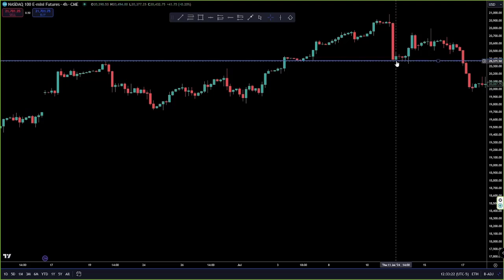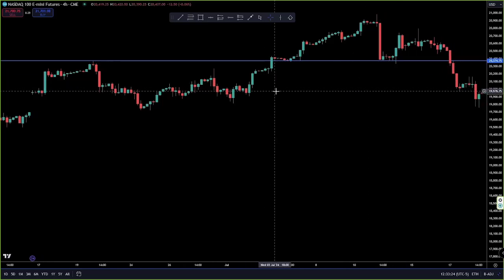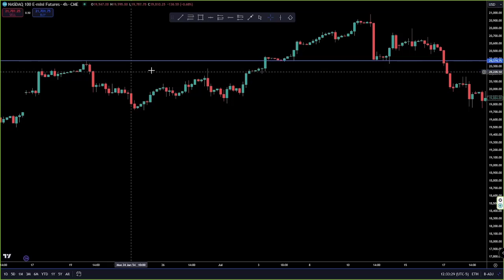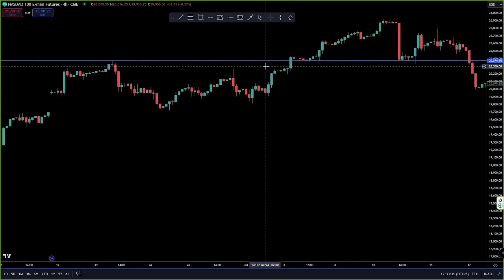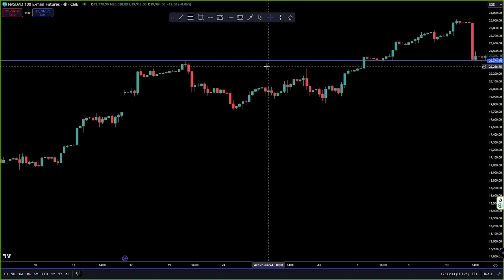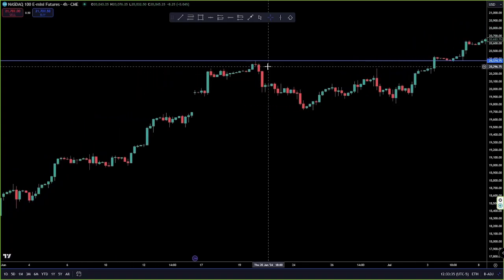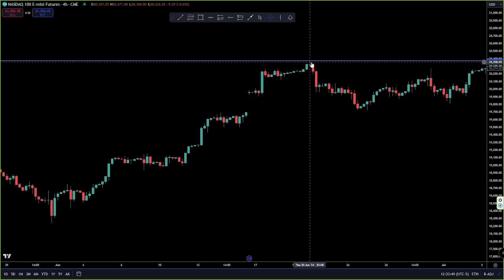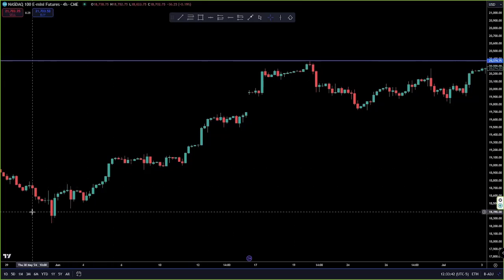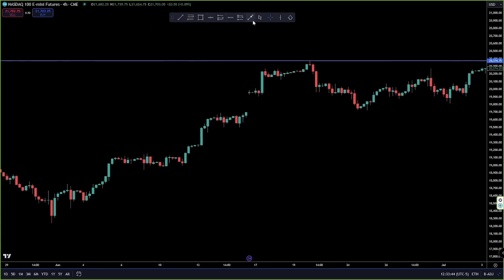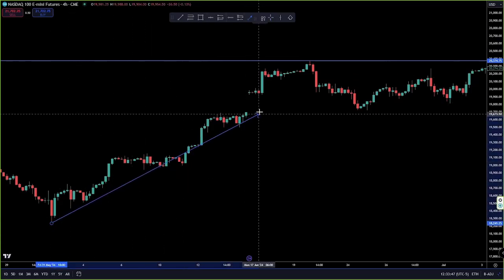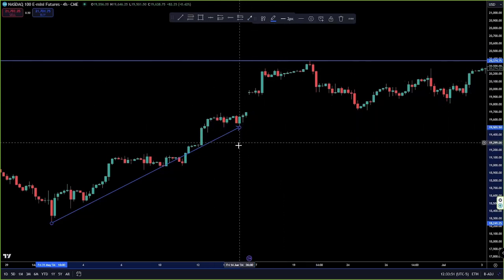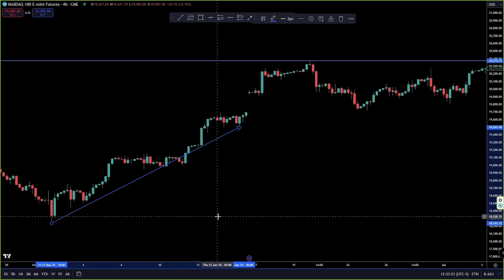Correct. So if we were looking to get into a trade, let's say, for example, we broke out of here, we were looking to have this thing retested. Here's the thing. Which way is the market going over time?